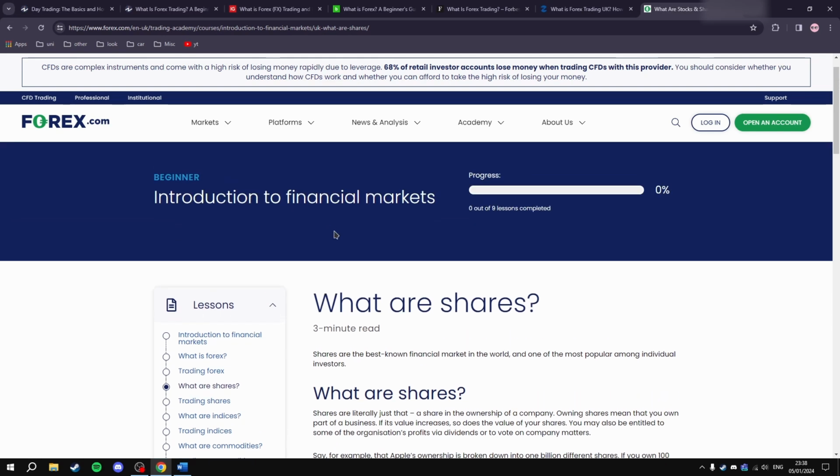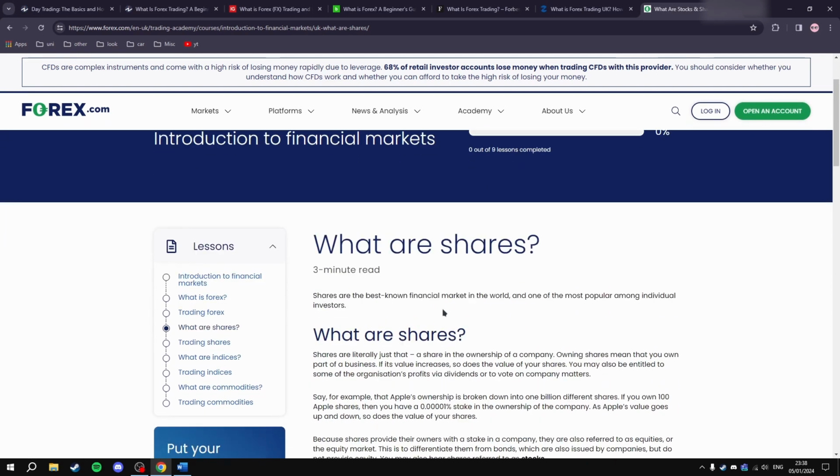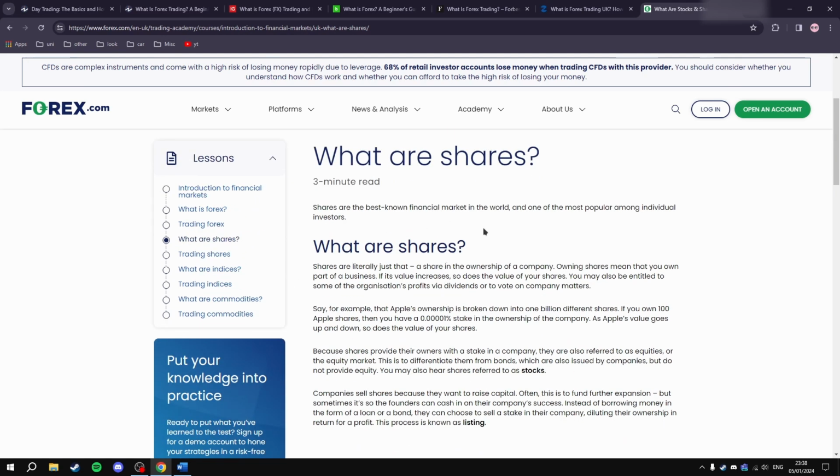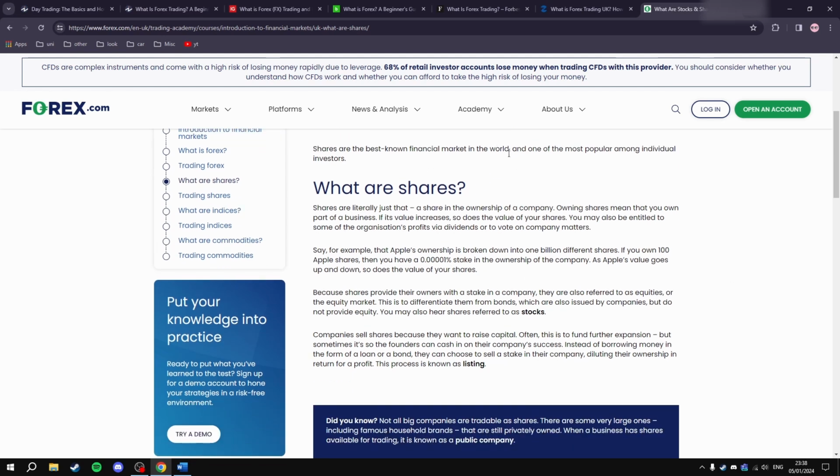But I guess they're still Forex related because it all falls under the financial markets umbrella. So it's still good to read about this just to get a wider range of knowledge. If the value of the business increases, so does the value of your shares.